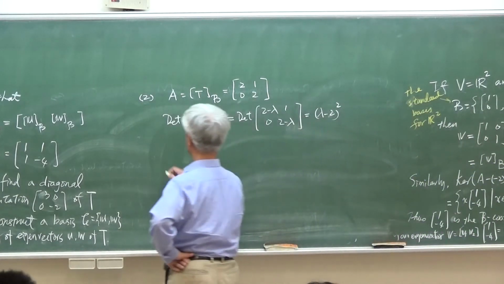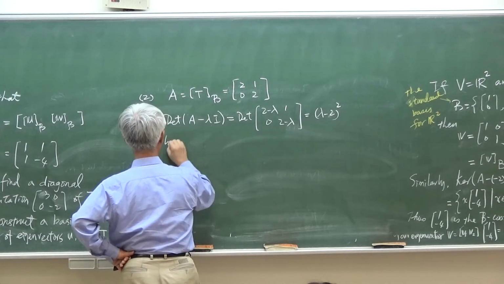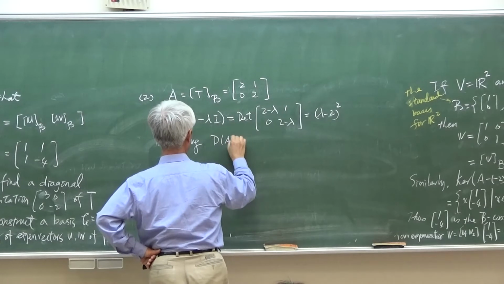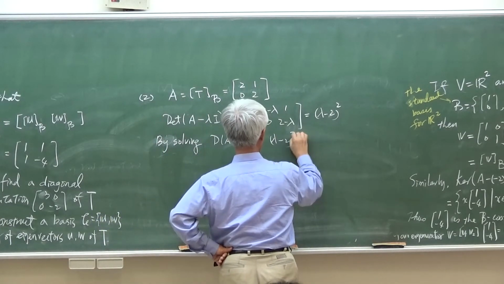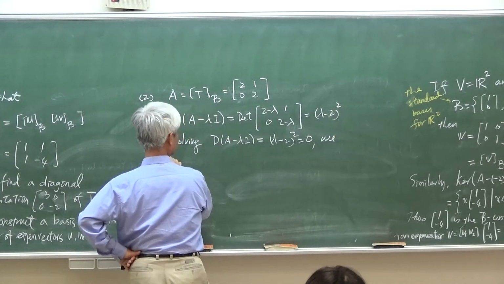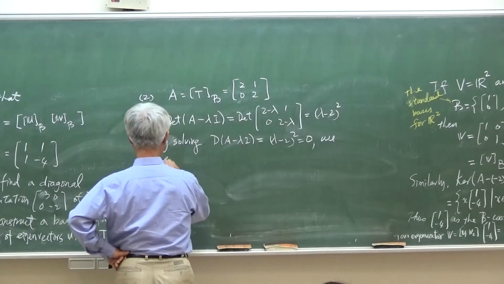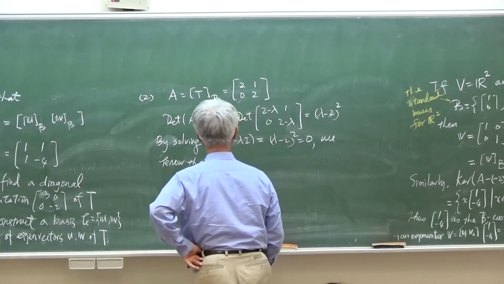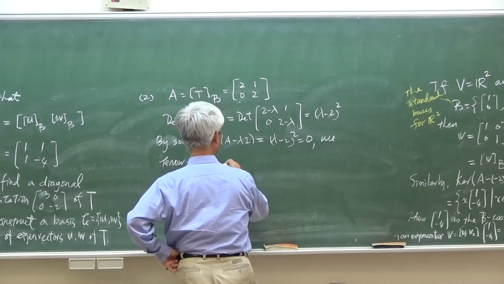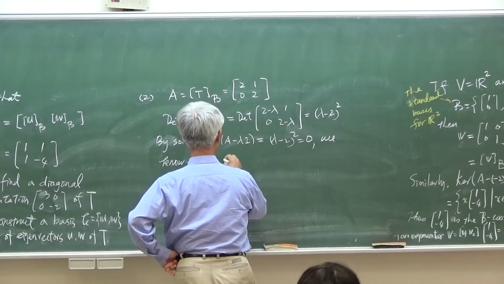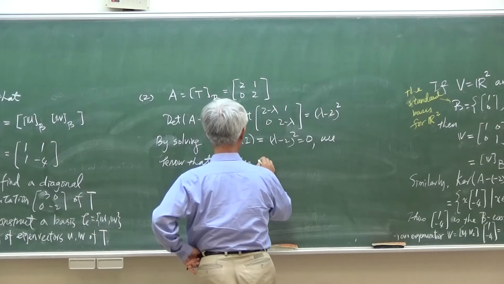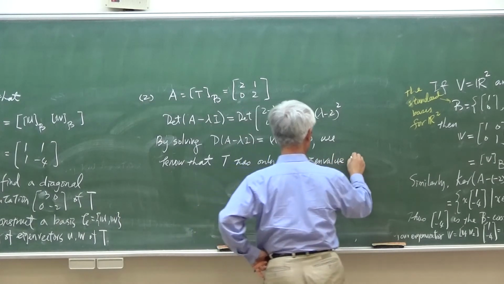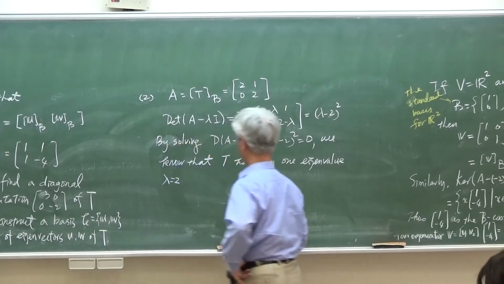So immediately we know that T has only one eigenvalue, equal to 2. Right, so T has only one eigenvalue.